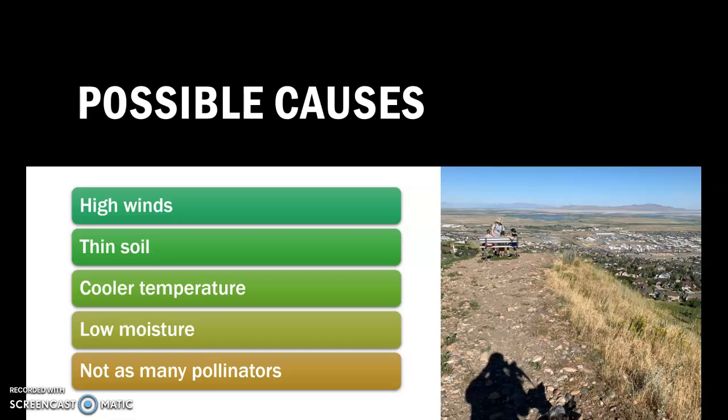There's low moisture as the water runs off and down the mountain. And there are not as many animal pollinators to carry the seeds and such to spread the trees and help them to grow.